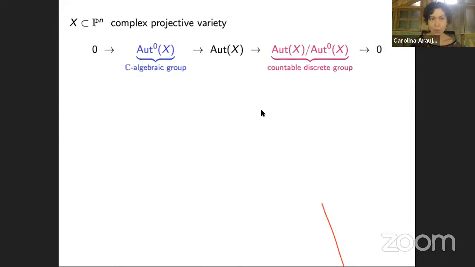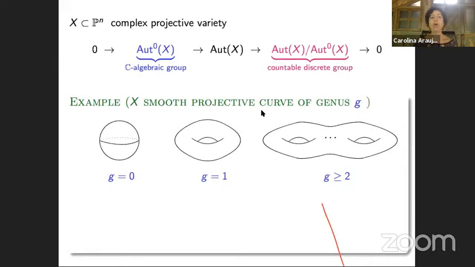The first example that I would like to discuss is that of a smooth projective curve of genus g. In dimension 1, we have this very important trichotomy of positive curvature, zero curvature, and negative curvature. In terms of the genus, this is genus 0, genus 1, and genus greater or equal than 2.